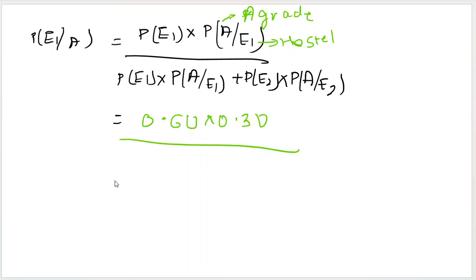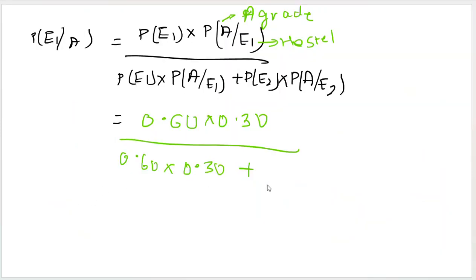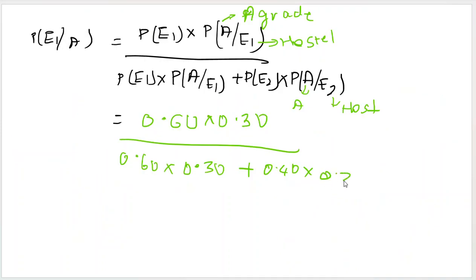Probability of E1 is 0.60, probability of A given E1 is 0.30. E2 is day scholar, so probability of day scholar is 0.40, into probability of A grade given day scholar, which is 0.20.